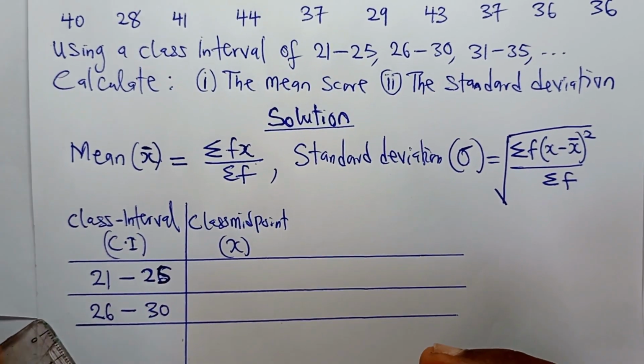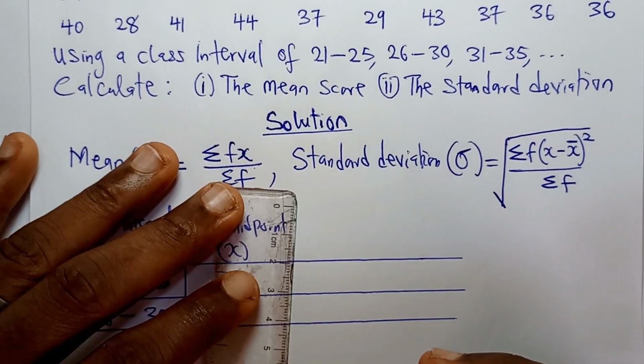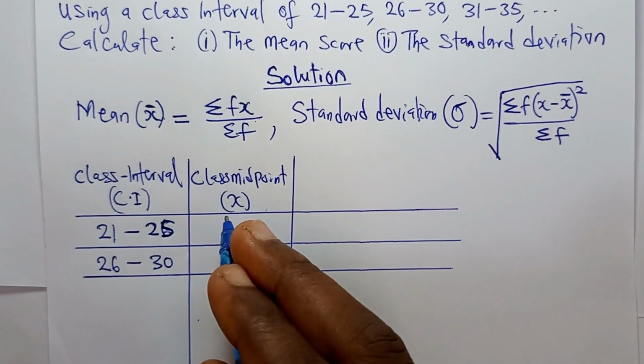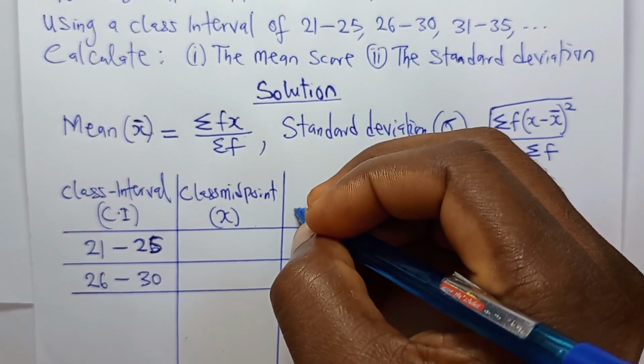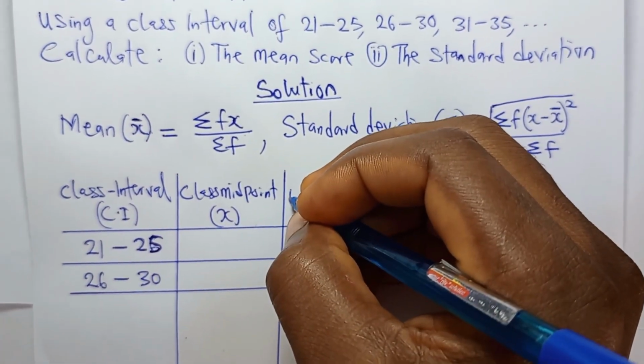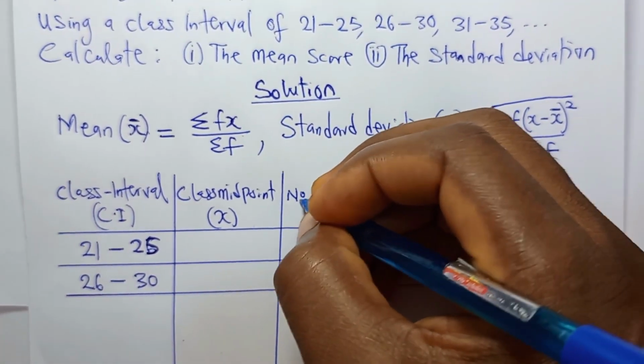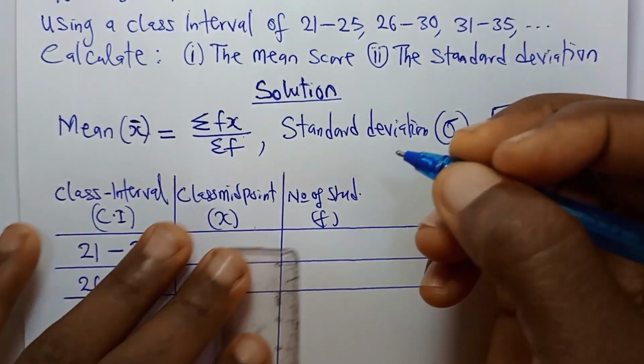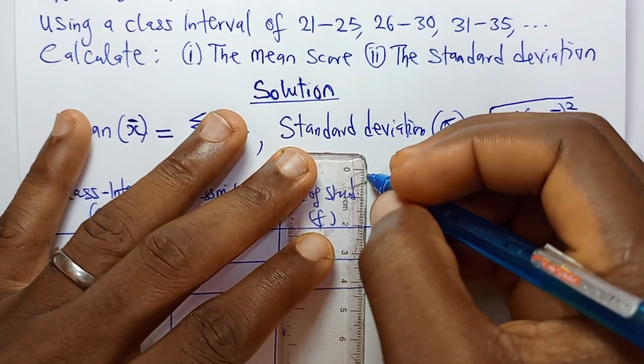Just follow me. Class midpoint is called x. Now after x, we need f. F here is called the number of students. That is the frequency, f.